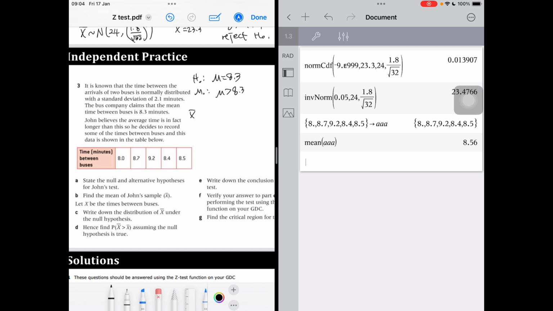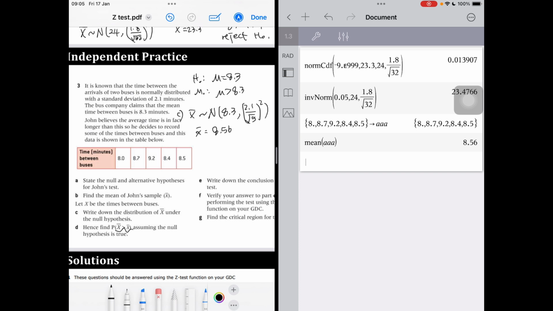The distribution of X bar will follow a normal distribution with mean 8.3 and standard deviation 2.1 over square root 5. This is our distribution, and our result is 8.56. This is the answer for C.